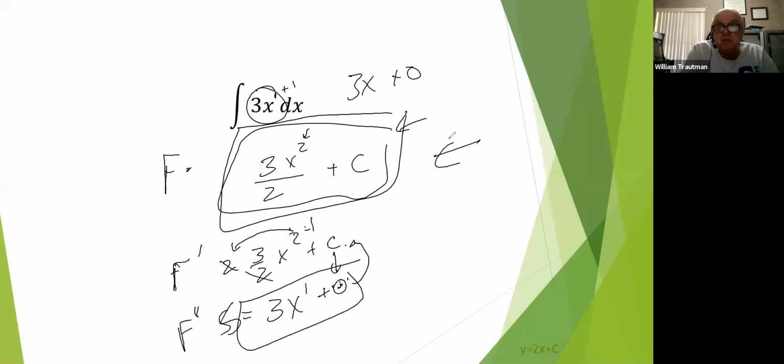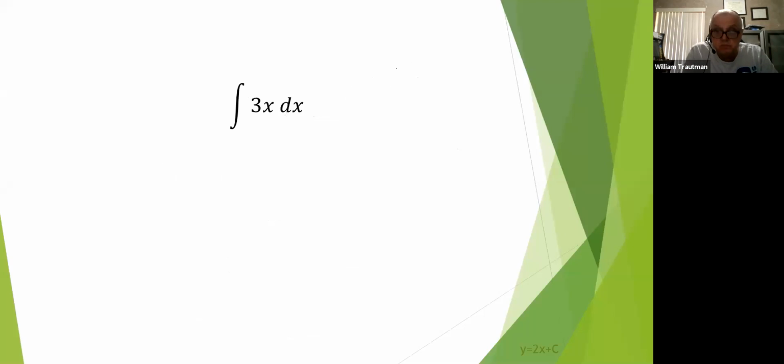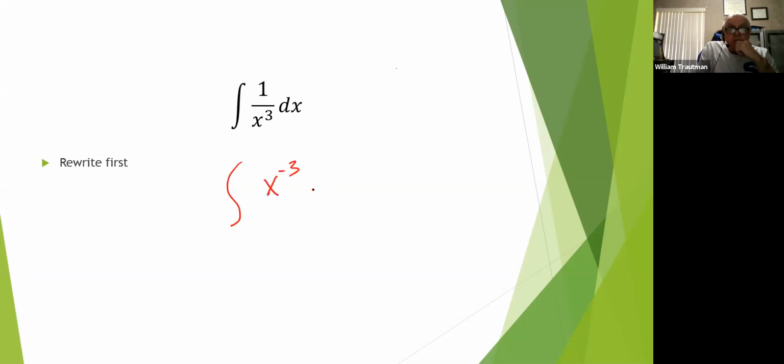All right, let's see what else we have. All right, so let's integrate this. Just like when we take derivatives, we're going to rewrite this. We bring this to the top by changing the power of the exponent.